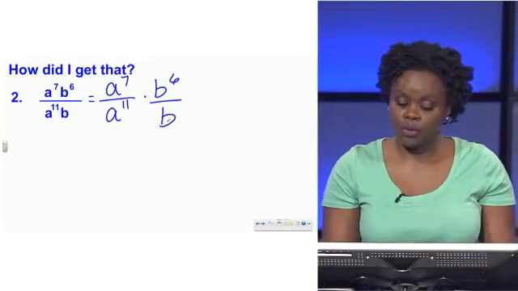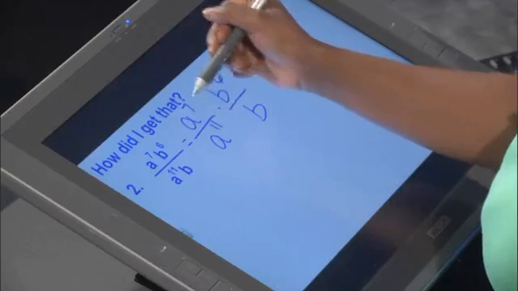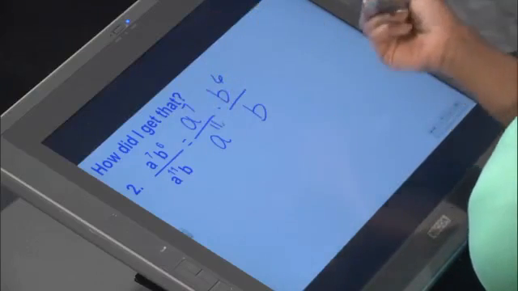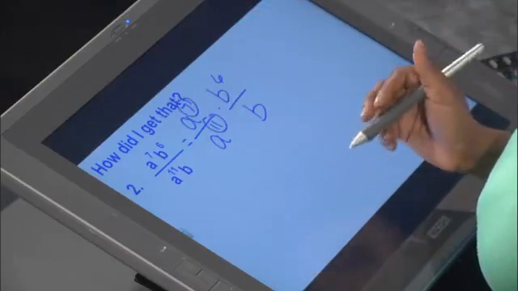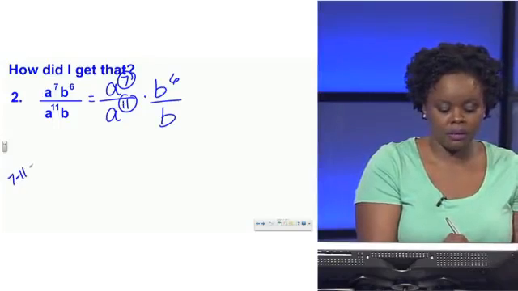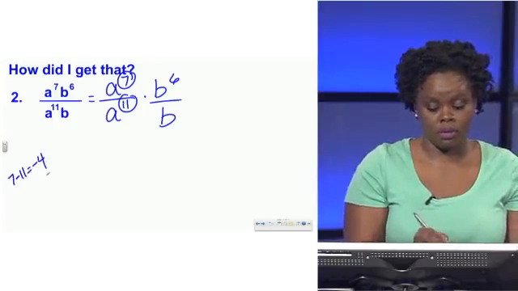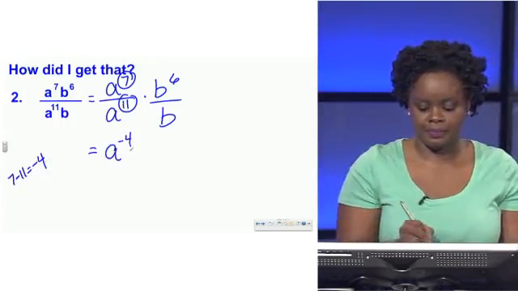And then I used what I knew about the laws of exponents to know that if I have a quotient of powers, I need to subtract the exponents. So for the a's, you have 7 and 11. 7 minus 11, that's negative 4. So I knew that the first part of that was a to the negative 4th.